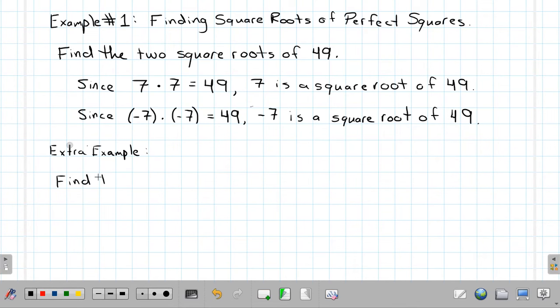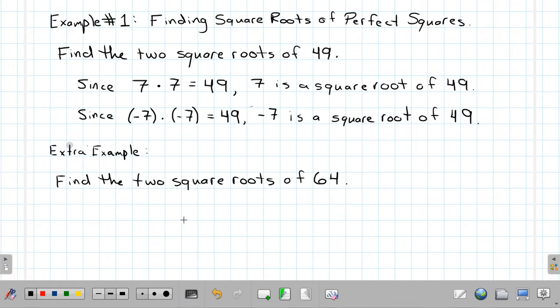Once again, this is what we would call a perfect square, because the square roots that we get are whole numbers, or what we call integers. If you're not sure what an integer is at this point, we're definitely going to talk about that in the next section. But it's going to have two square roots, so we need to know what two numbers we can multiply times themselves to get 64.